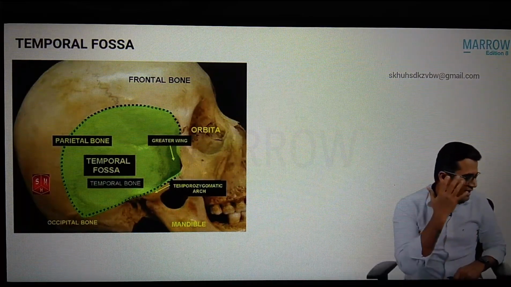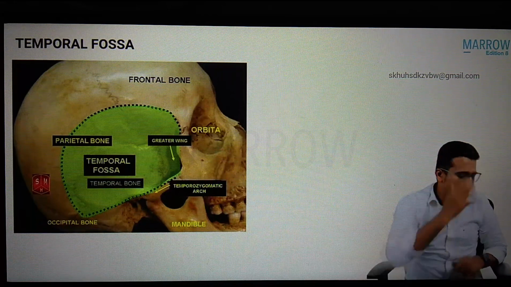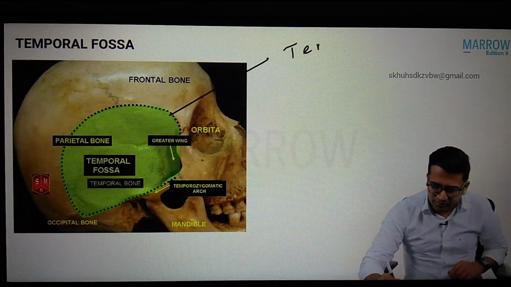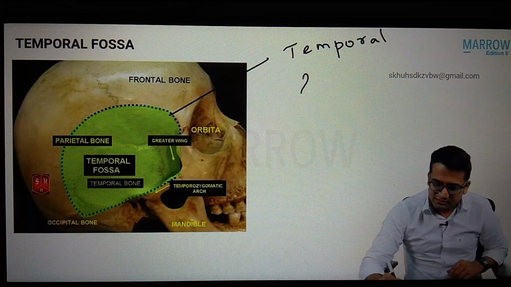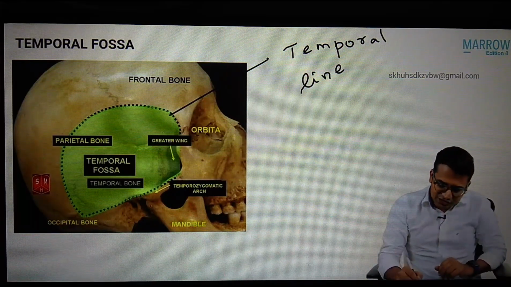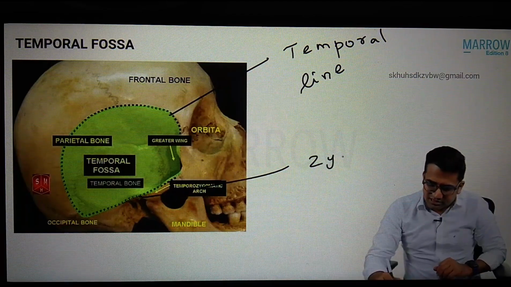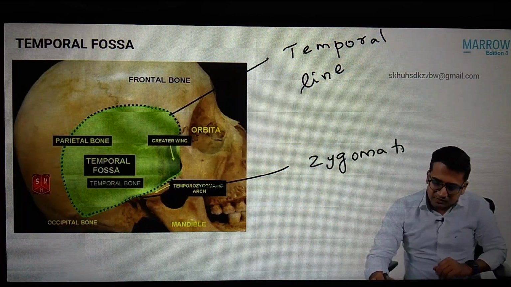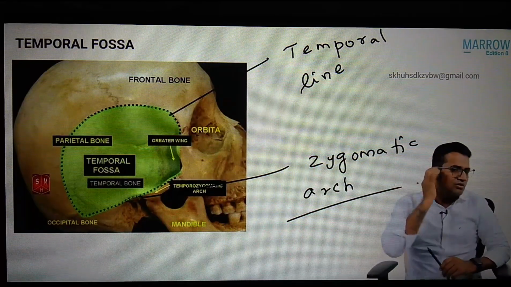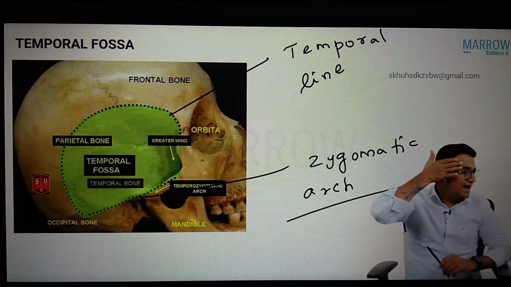Now, in the lateral view, we are seeing one line here, that is the temporal line. And below, that is the zygomatic arch. Between the temporal line above and the zygomatic arch below, we have this space.